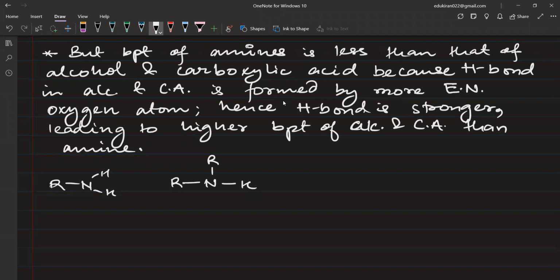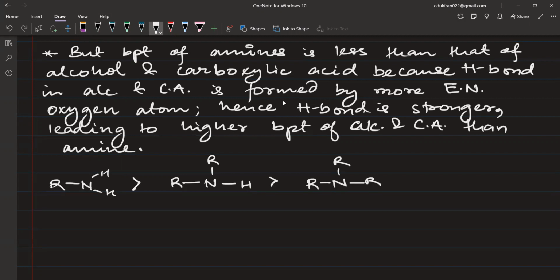The tertiary amine does not have any hydrogen directly bonded to nitrogen. So in the primary amine there can be hydrogen bonding with 2 different hydrogens, in the secondary amine with only one hydrogen, and in tertiary amines we cannot have any hydrogen bond. So obviously the primary amine has the most hydrogen bonds. That is why the boiling point will be highest for primary amine, then secondary, and then tertiary amine.